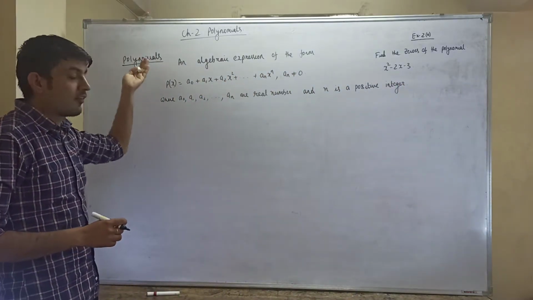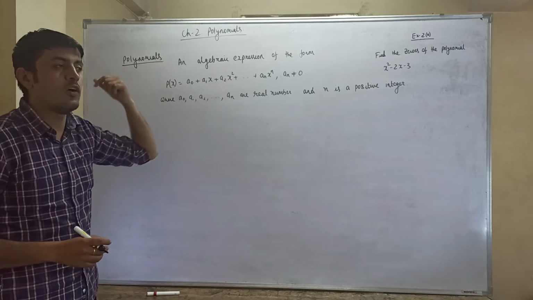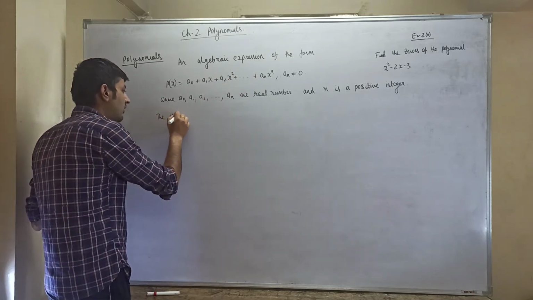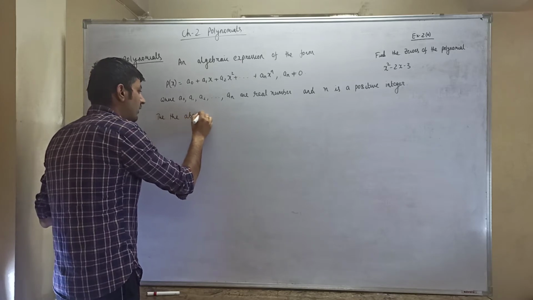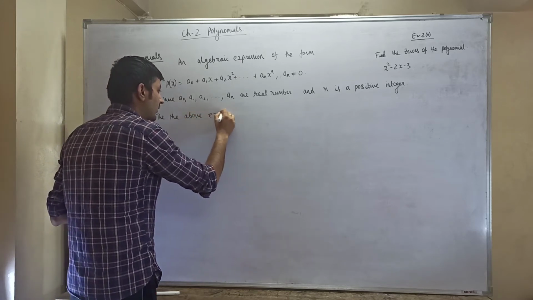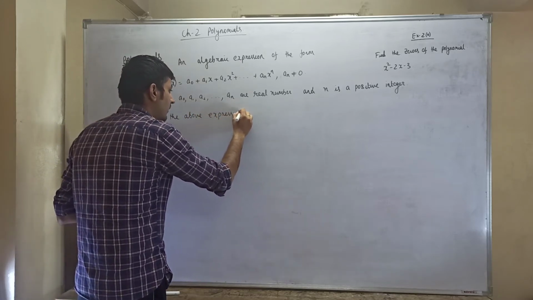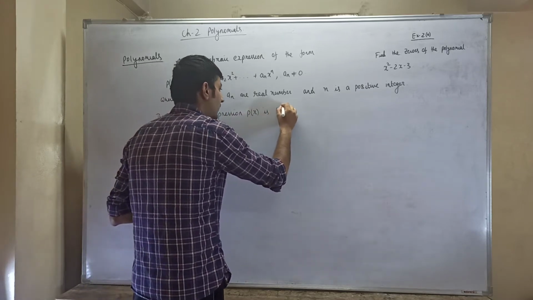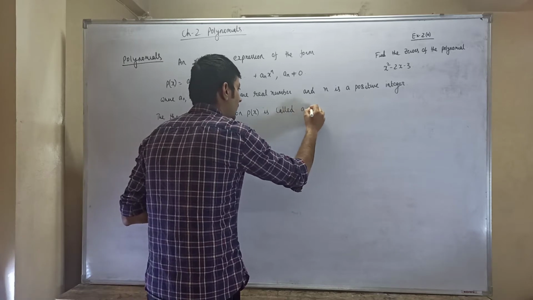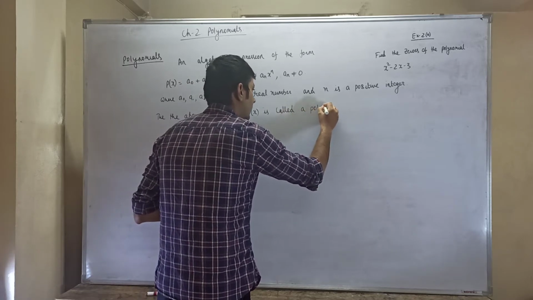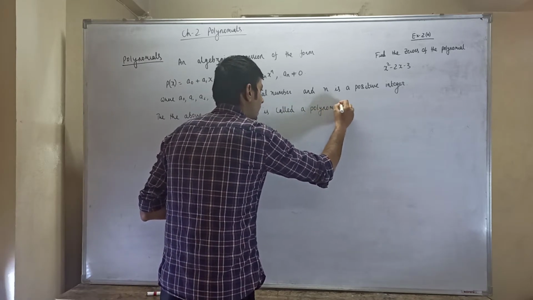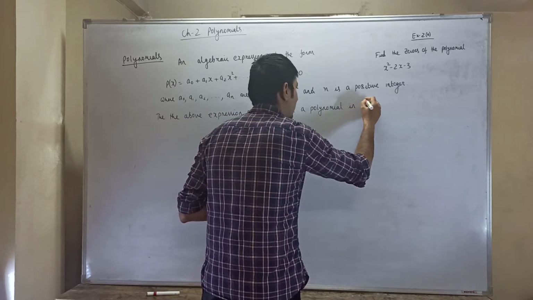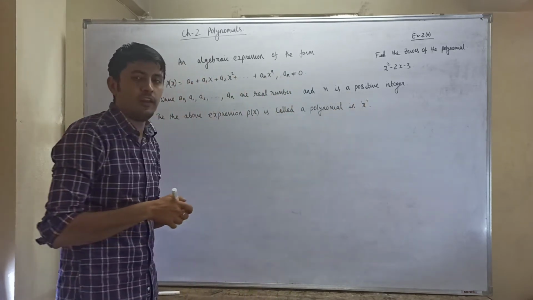Then p(x) is called a polynomial in x. So the above expression p(x) is called a polynomial in x.